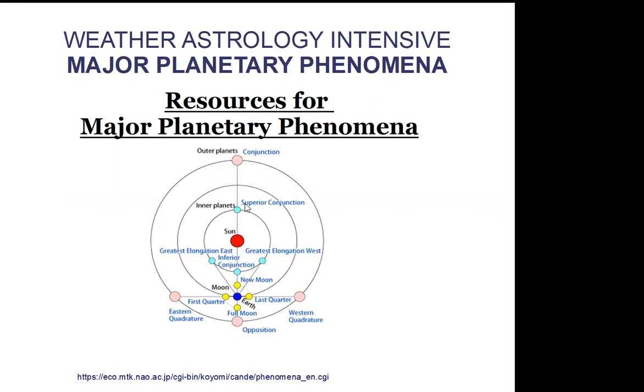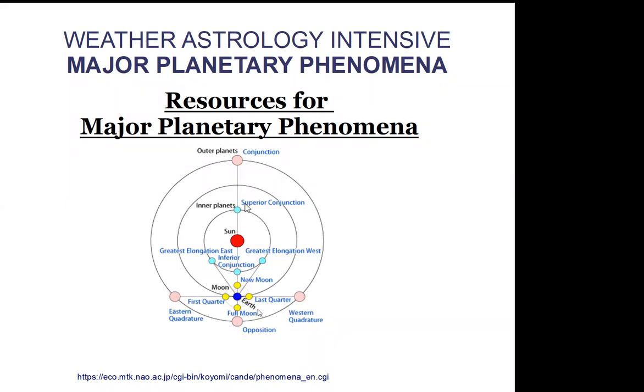I didn't even mention heliocentric and geocentric, but what I found is a Japanese university's astronomy website, and you can punch in your dates and you get most of the information needed. It's very helpful. They also have this lovely diagram to show the definitions of everything.